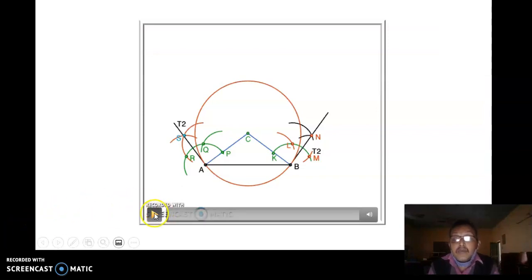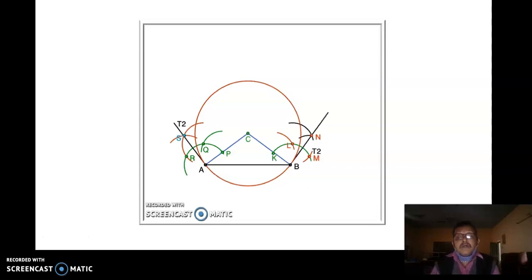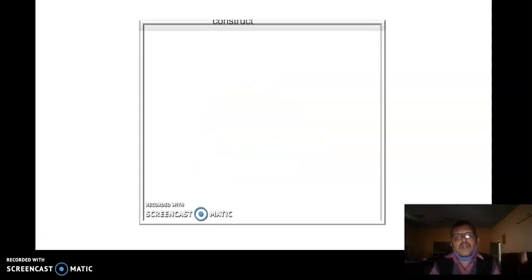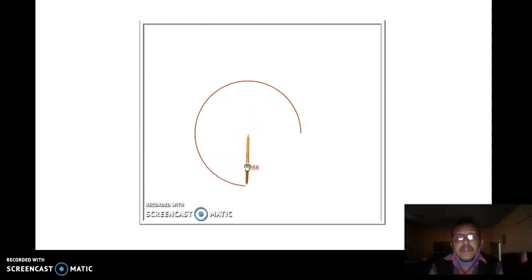So this is the video. First draw the circle with 5 centimeter radius by using the compass. Now C is the center.